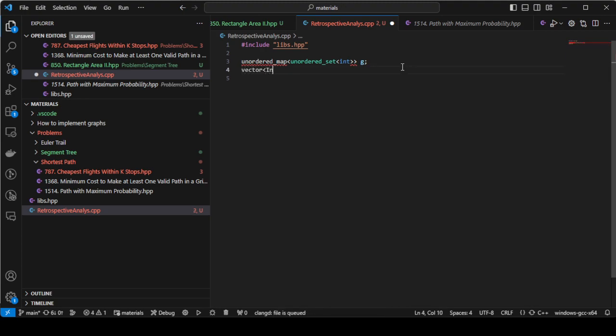We have a vector of char, where we mark our vertices as D, P, and N. We call it just groups. And there will be DFS.